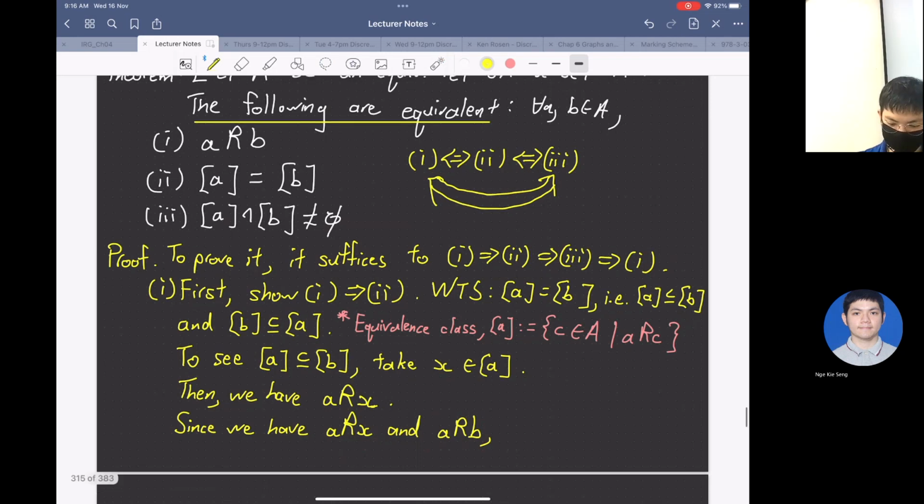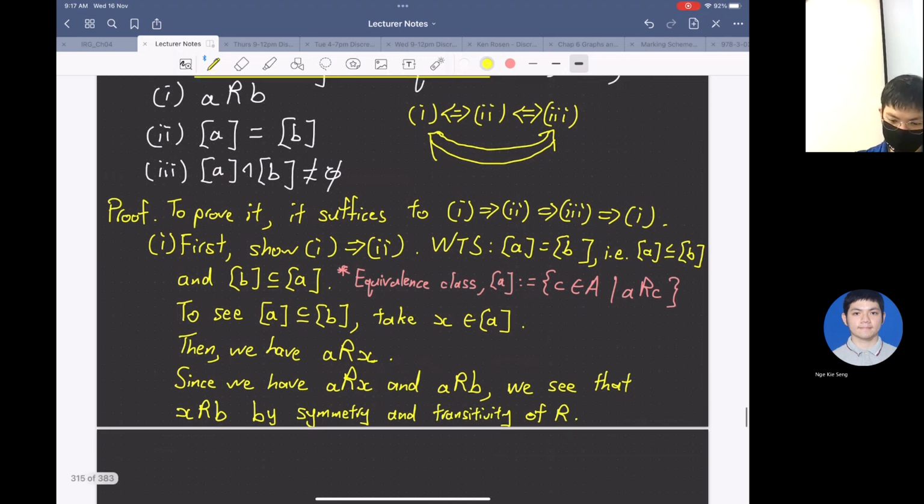Why? By symmetry and transitivity on R. Sometimes you need to use symmetry.